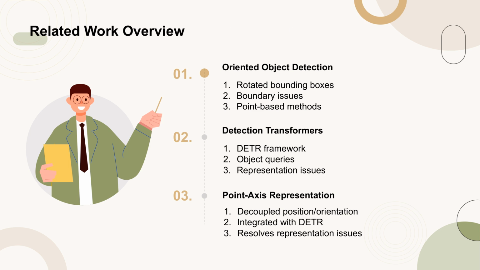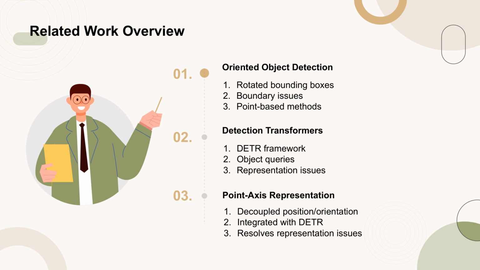In the field of oriented object detection, previous methods have primarily focused on rotated bounding boxes, which have faced challenges such as boundary issues due to the periodicity of angles. Point-based methods have also been introduced but struggle with accurately describing both position and orientation. In contrast, our point axis representation decouples these aspects, providing a more effective solution.